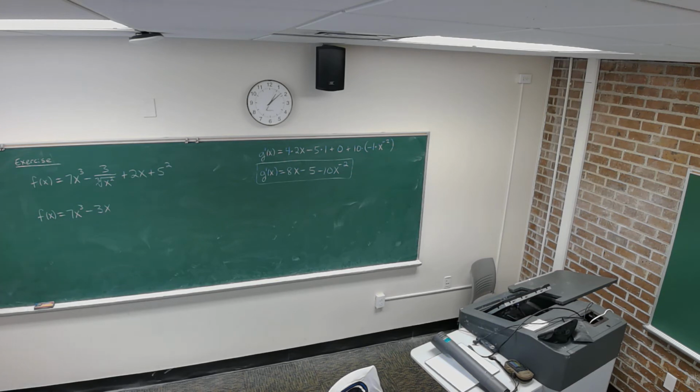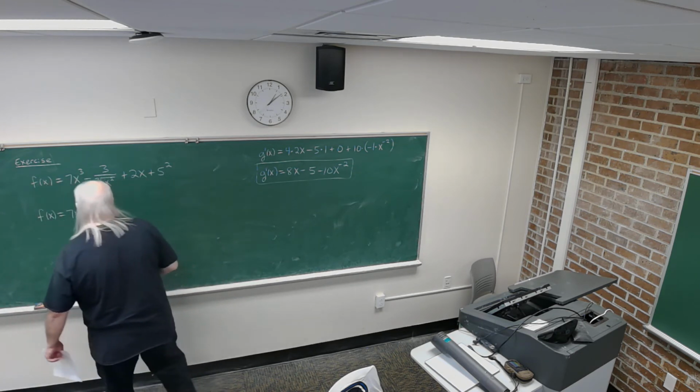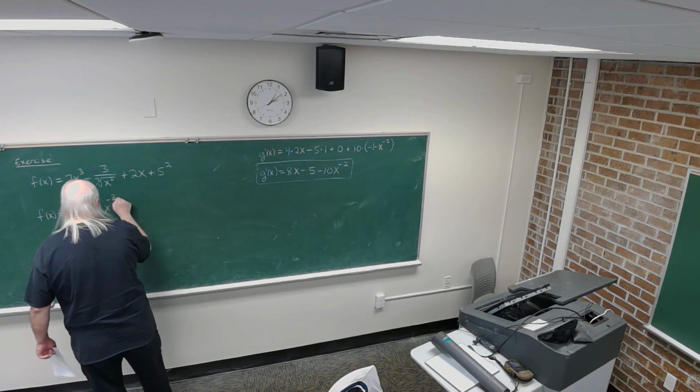Take a shorthand second to do that review. Okay. So we have the cube root of x squared we know is x to the 2/3. 1 over the cube root of x squared is equal to 1 over x to the 2/3, which we've written as x to the minus 2/3. Okay. So minus 3 over the cube root of x squared is minus 3 times x raised to the minus 2/3.